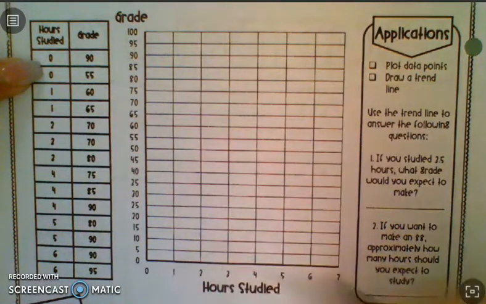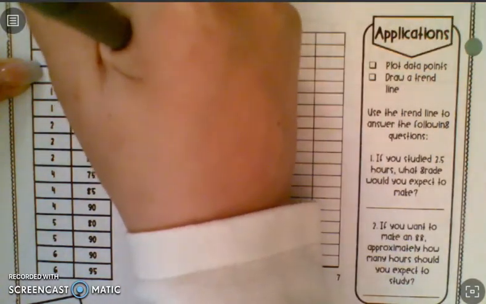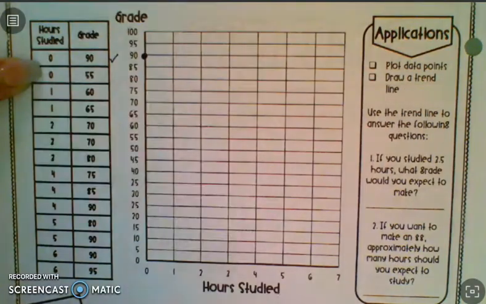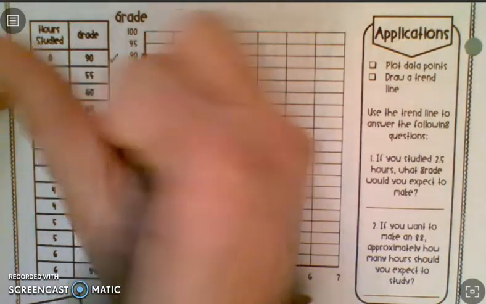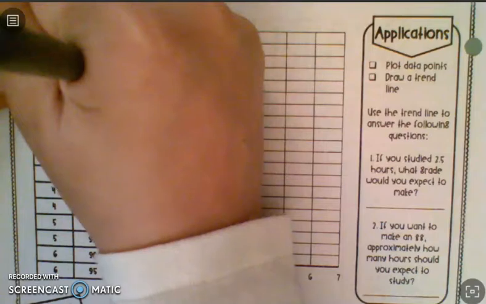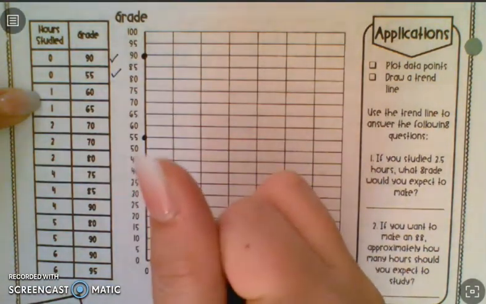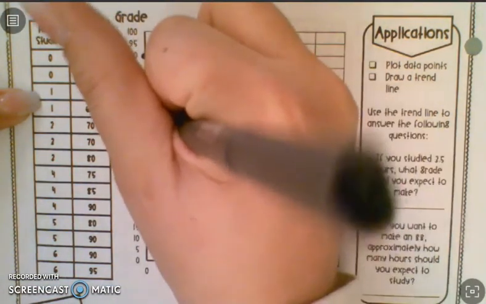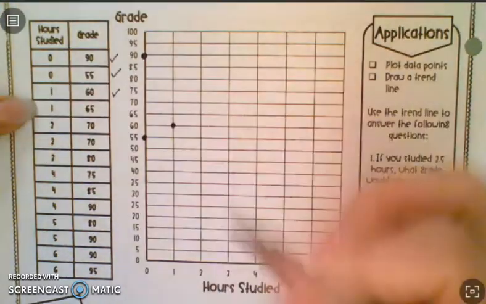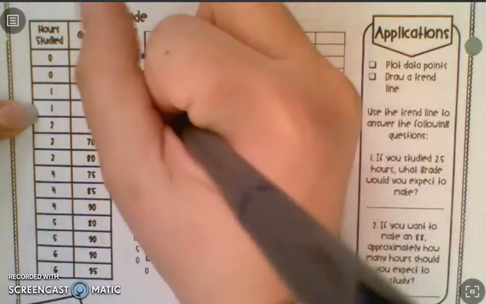So 0 hours studied is up at 90. I did that one. 0 is 55 as well. 1 is 60. Go over to 1 and go up to 60. 1 is 65.